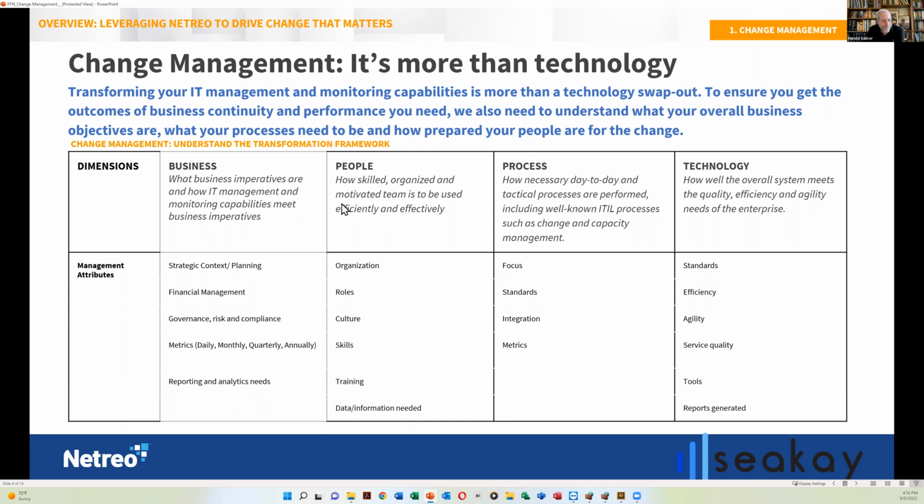And so these are the various silos that we're looking at in terms of business, people, implementing a process, and technology solutions that we found are really successful going forward in terms of successfully implementing a change management situation. And again, I'd like to really emphasize the fact that we really strongly believe that Netreo can be a transformative process and technology for all those that successfully adopt it.